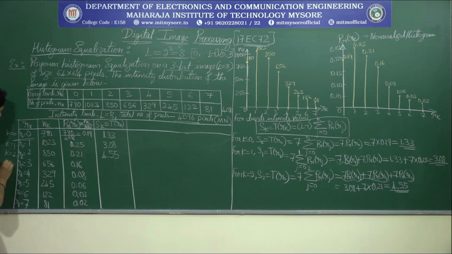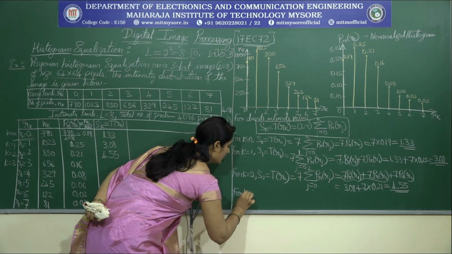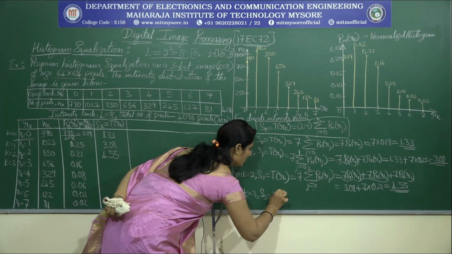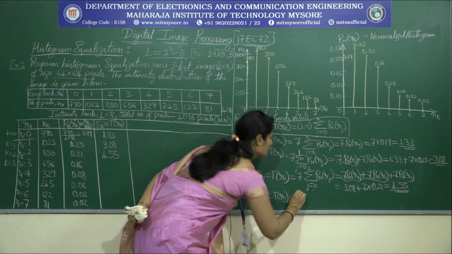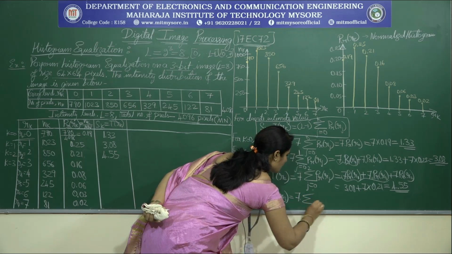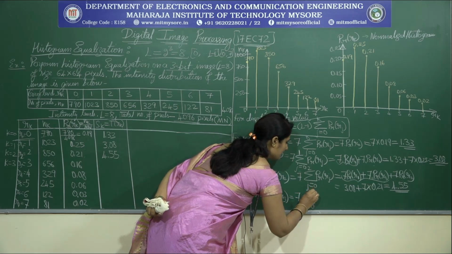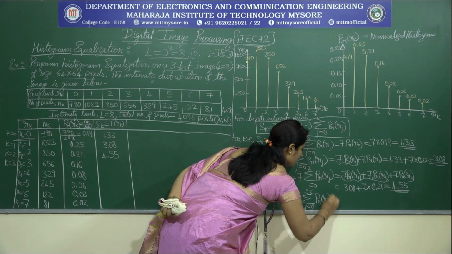Next, when k is equal to 3, S3 is equal to T of R3, which is equal to 7 into summation j equals 0 to k, here k is 3, PR of Rj.